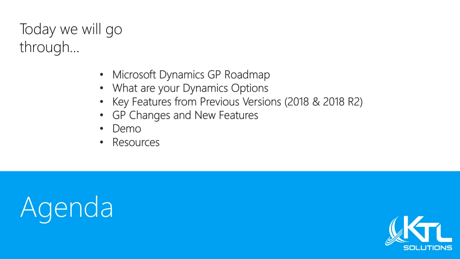We'll talk briefly about those, then go through the changes and new features in GP, first through the deck and then in a live demo, and close things out with Q&A.